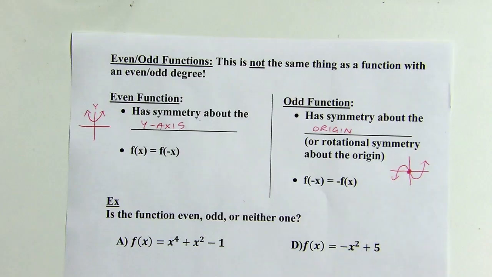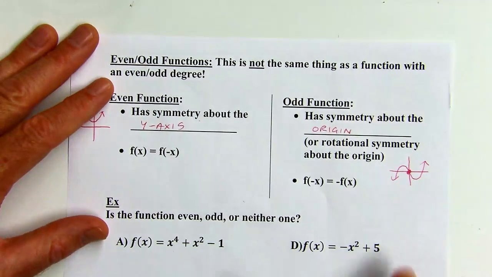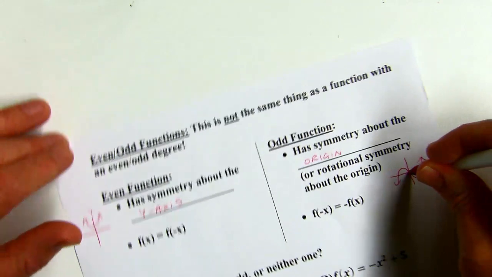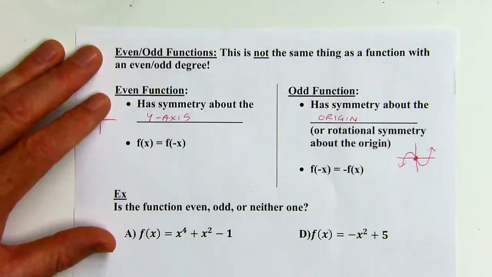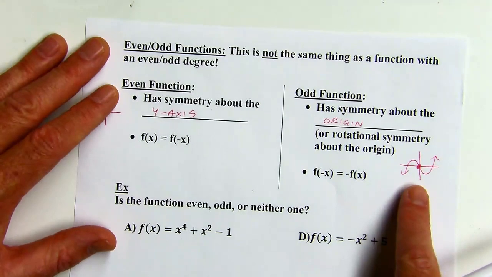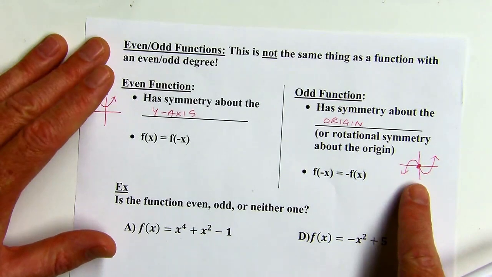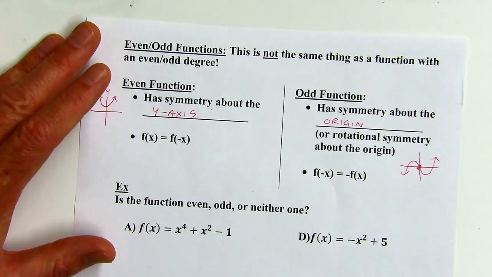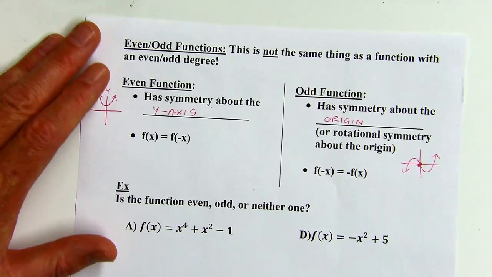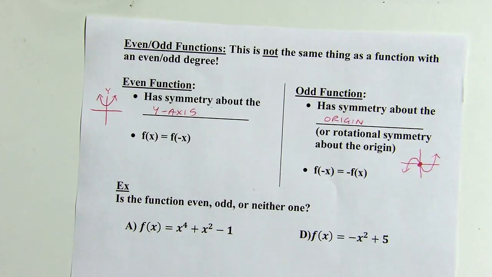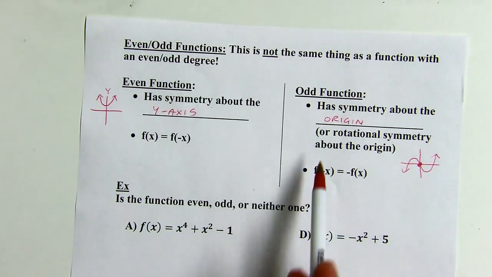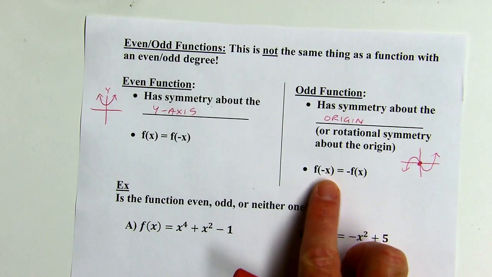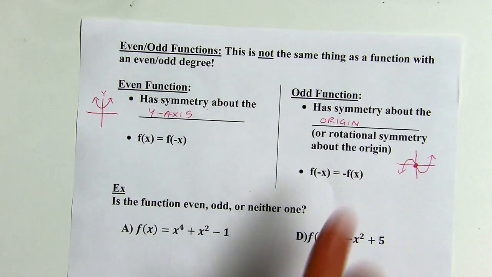If you imagine rotating that about the origin, so if you stuck a pin in the origin and started turning it like a clock, if you turned it 180 degrees, it would look the exact same. It's just a sketch, so I was trying to make it symmetrical like that. But it would look the same if you turned it upside down. That would mean it would have rotational symmetry about the origin, which means it would be an odd function, okay? Algebraically, f of negative x is going to be equivalent to negative f of x, okay?